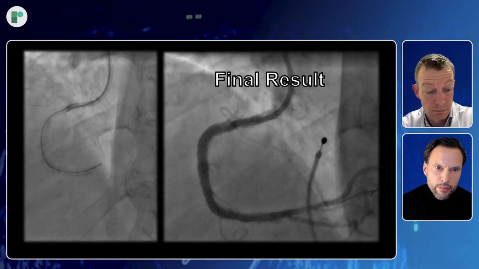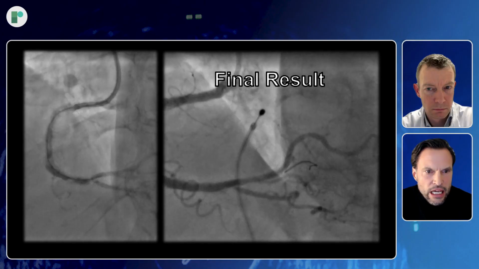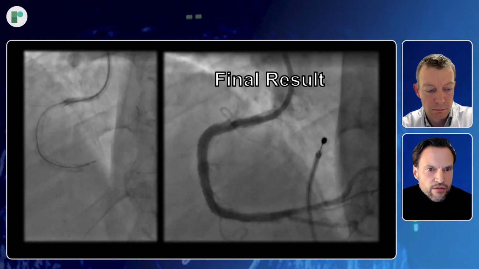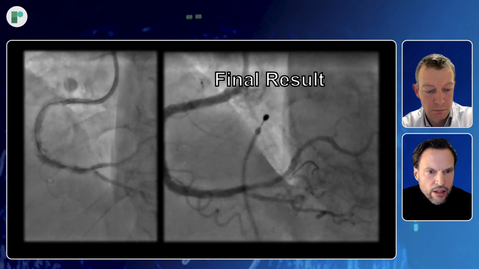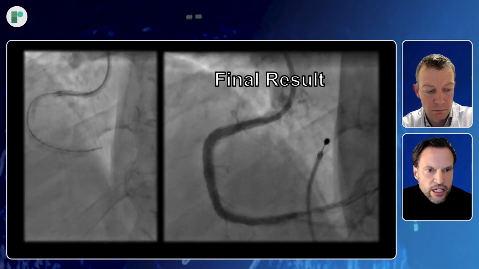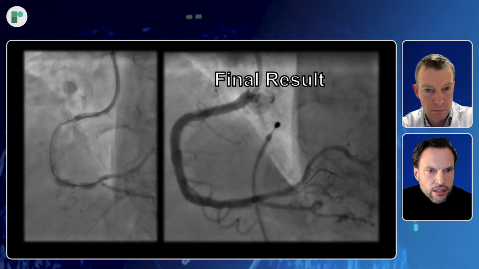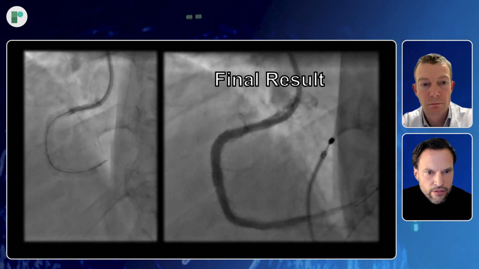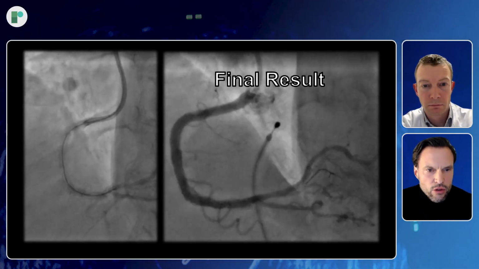And this, in the end, gives us all that we have to know to decide that this is, for example, a good case for orbital atherectomy, which we did in this patient, or to use, for example, lithotripsy in other patients, because we now have different tools available in our toolbox.